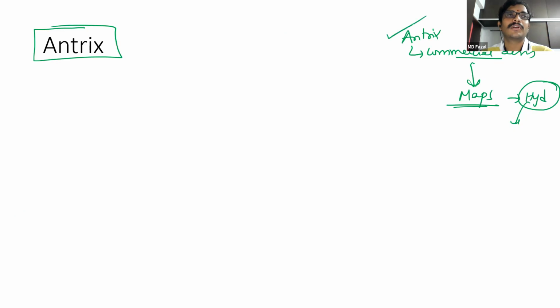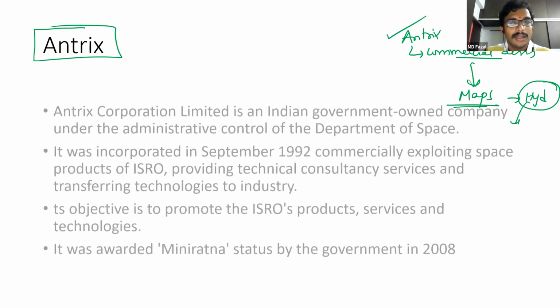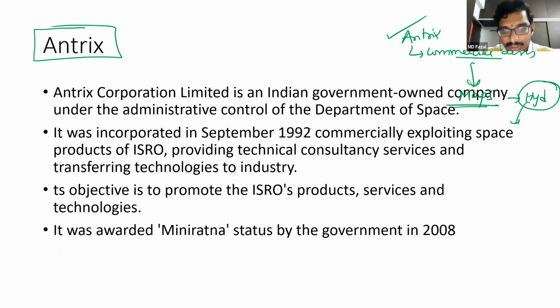It was there from long back, established in 1992 itself for commercially exploiting the space products of ISRO. Whatever ISRO applications are developed, Antrix will do that. So there can be a mix-up between Antrix and NSIL.